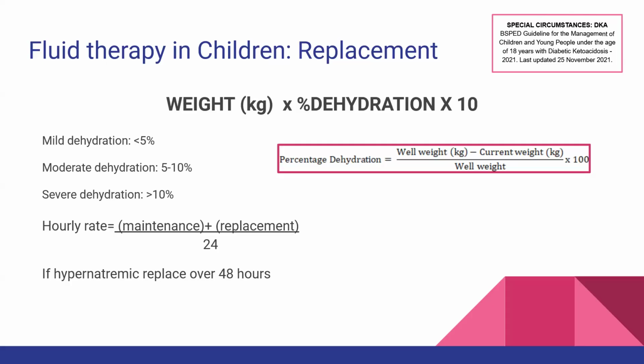In the corner, I've put in the BSPD guidelines for DKA. DKA has its own kind of fluid management of dehydration. Worth having a look at. I don't get overwhelmed by the nitty-gritty detail because again, this is very guidelines based, and in a real life scenario, you can be like, I would check the guidelines.